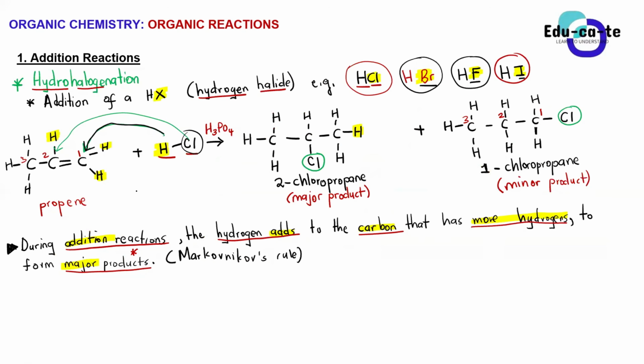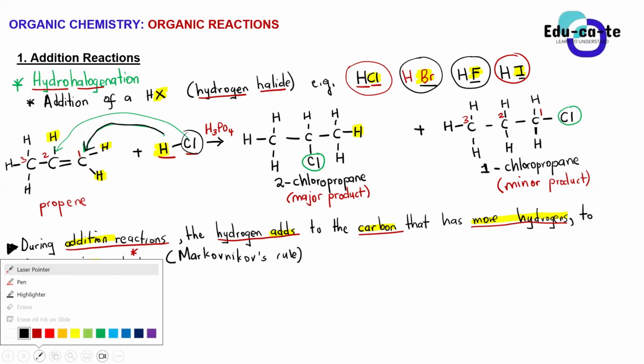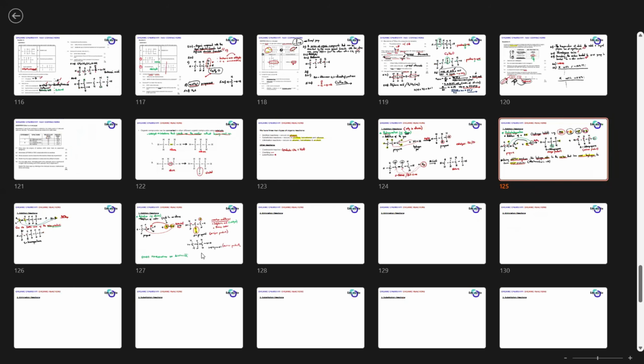This is during addition reactions, right? When we are adding our hydrogen, we always add it to a carbon with more hydrogens. That was Markovnikov's rule. So when we are doing dehydrohalogenation, we have a similar principle.